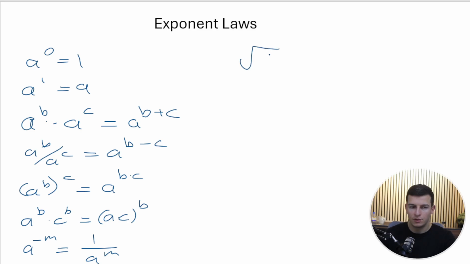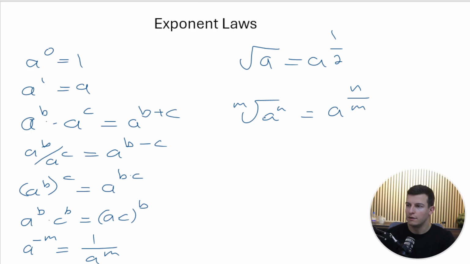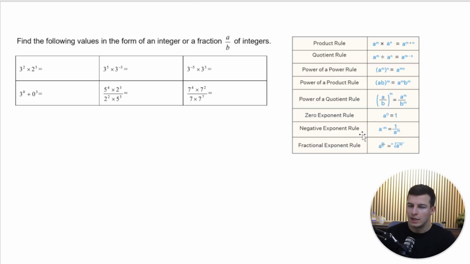So you have square root of, let's say, a, that's equal to a to the power of 1 over 2. Or if you have the m-th root of a to the n, this is going to be equal to a to the power of n divided by m. This actually comes pretty often, so we should get comfortable with that. So it's here for us to check out until we memorize them.